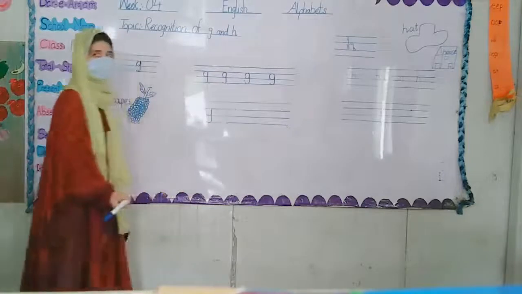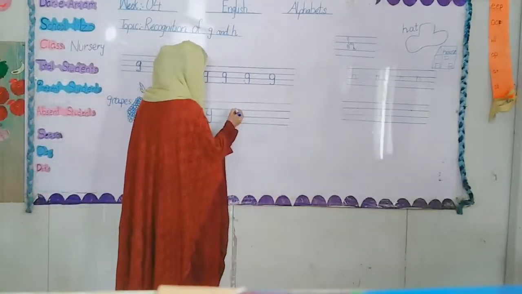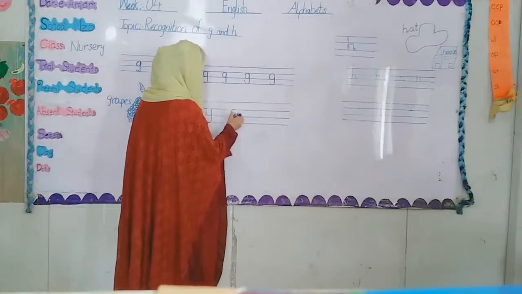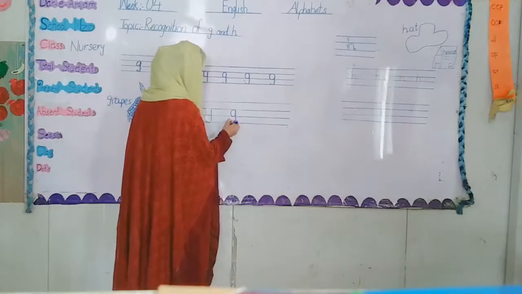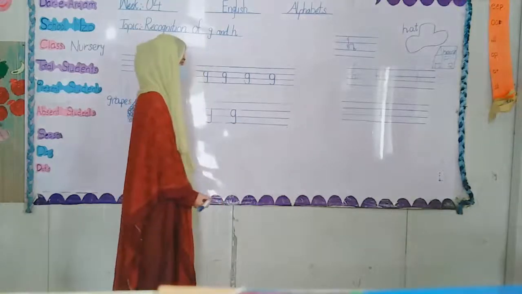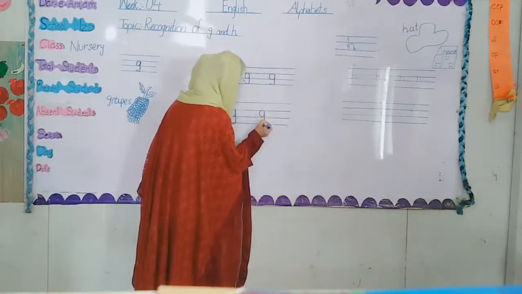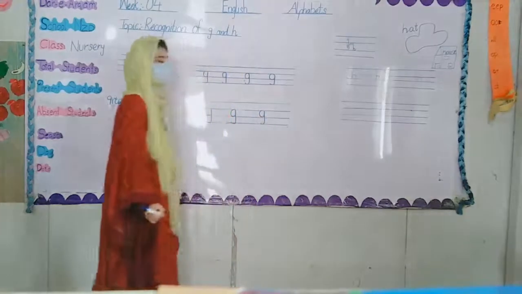It becomes G. Again, write the G. Make a circle in the center 2 lines, then move downward like this. It becomes G. Again, repeat. Make a circle, move downward and it becomes G.